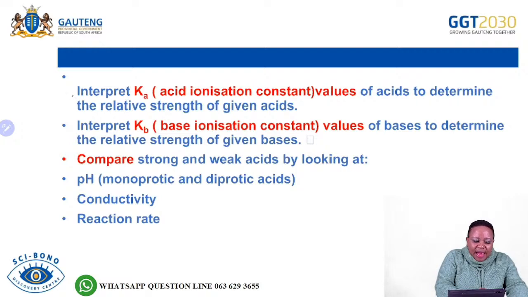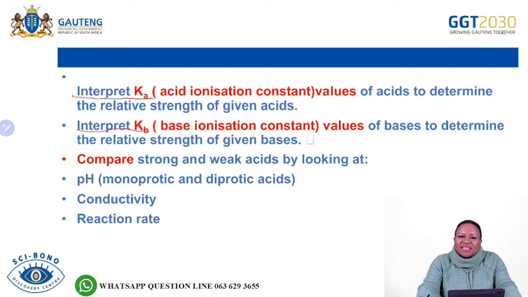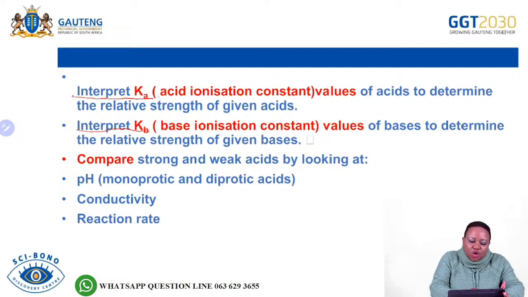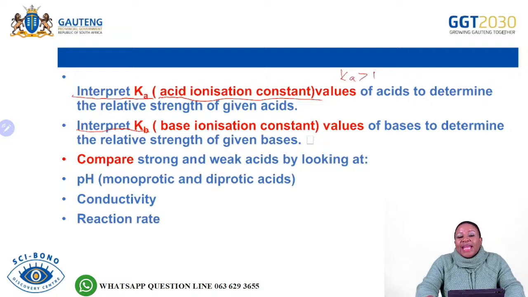We know that with acids and bases, we can also look at their strength by looking at the interpretation of the Ka and the Kb value, whereby Ka represents the ionization constant of an acid and Kb represents the ionization constant of a base. We already know that if we have a Ka value which is greater than 1, it means we have a strong acid. And if the Kb value is greater than 1, it means we have a strong base.